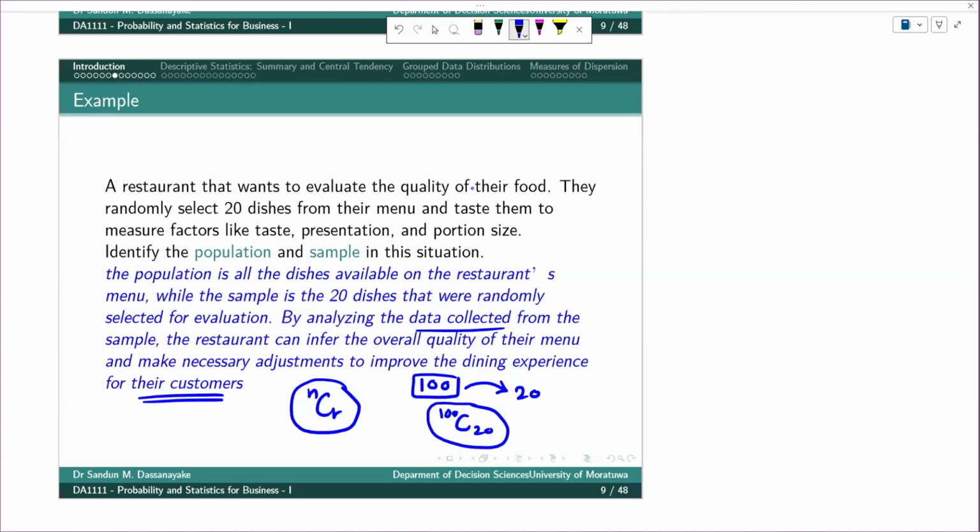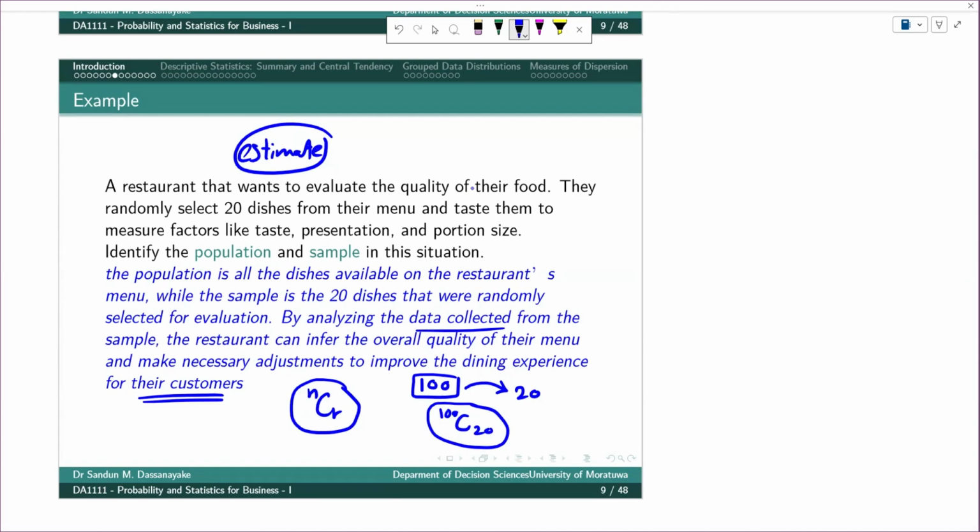Of course, statistics in general is not about the correct answer or the perfect answer. It's always about the perfect estimate. There is a difference between the estimate and the exact answer. The beauty of statistics and probability lies in this estimate. The beauty of data science lies in the estimate part. It's not the actual correct exact answer.